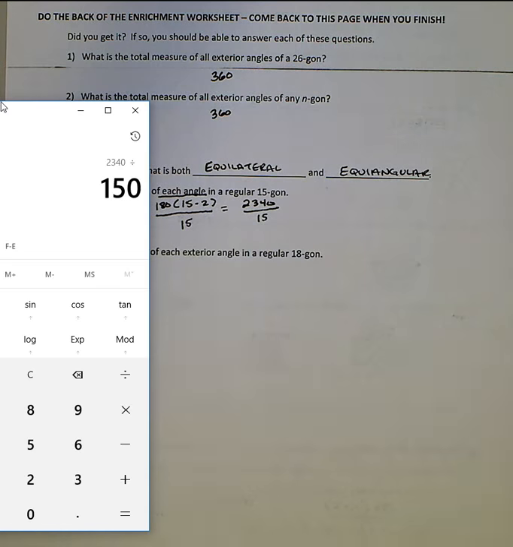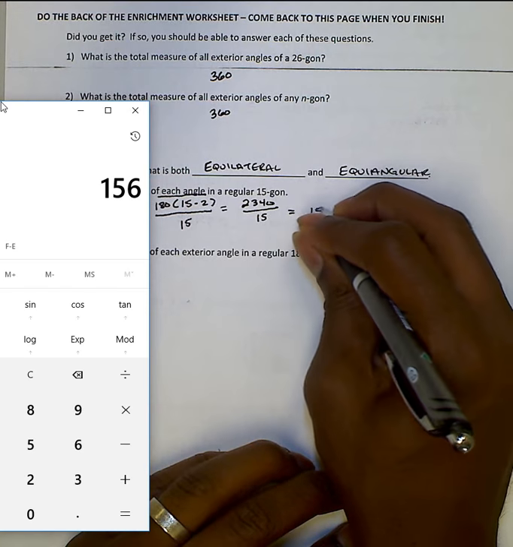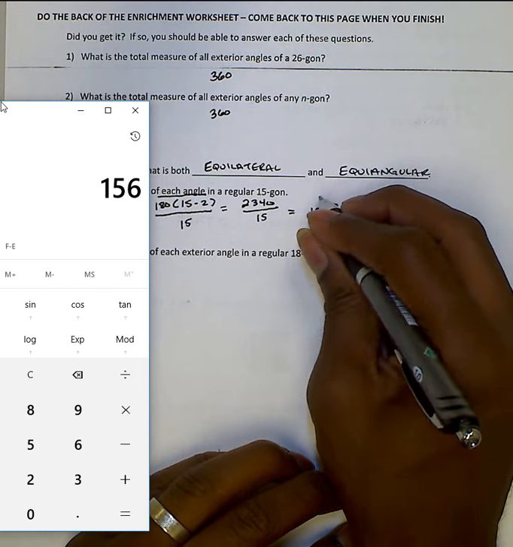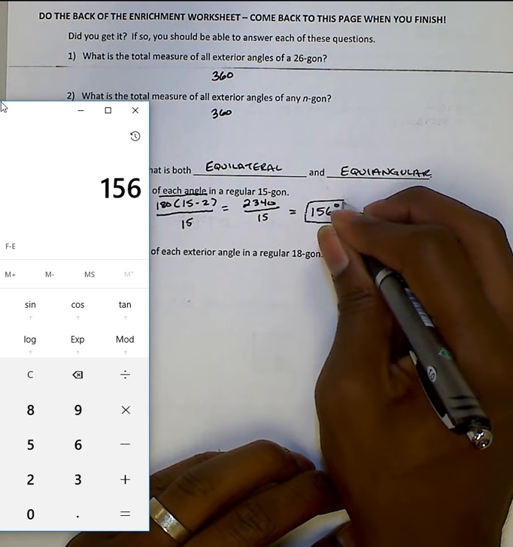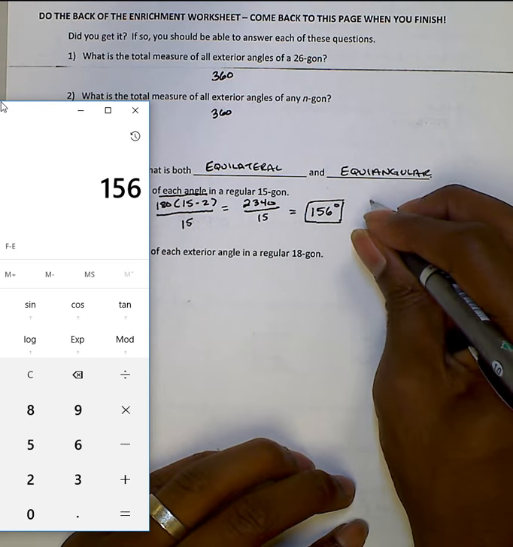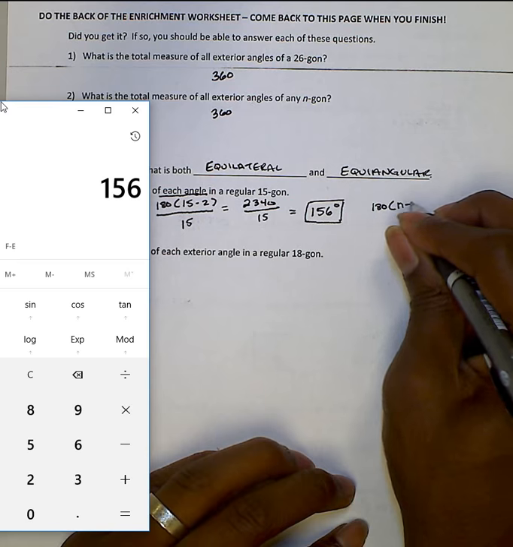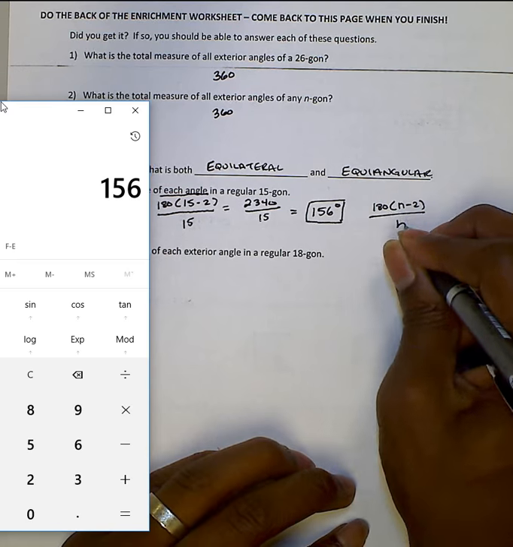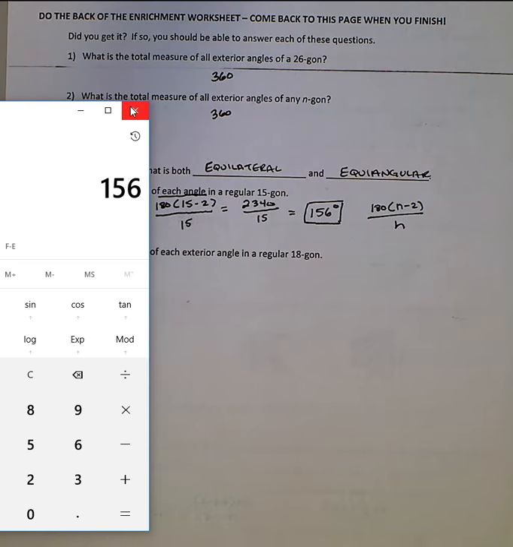Oops, not 150, 15. That means each angle is 156 degrees. In general, to find the measure of each angle in a regular polygon, I'd do 180 times n minus 2, divided by n. In this case we used 15 sides, but we could do n for any case.